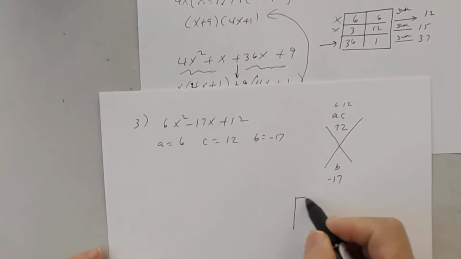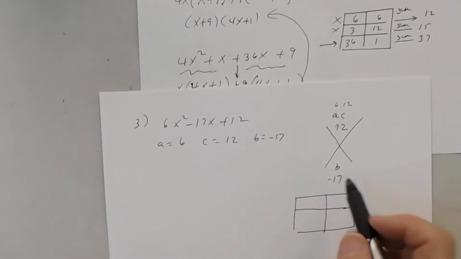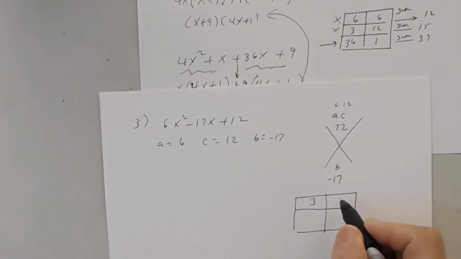Sometimes it's quick to come up with them. Sometimes it's not, though. For example, remember, you want two numbers whose product is 72. Someone could have said 3 times, what's that? 3 times what, 72? 24.